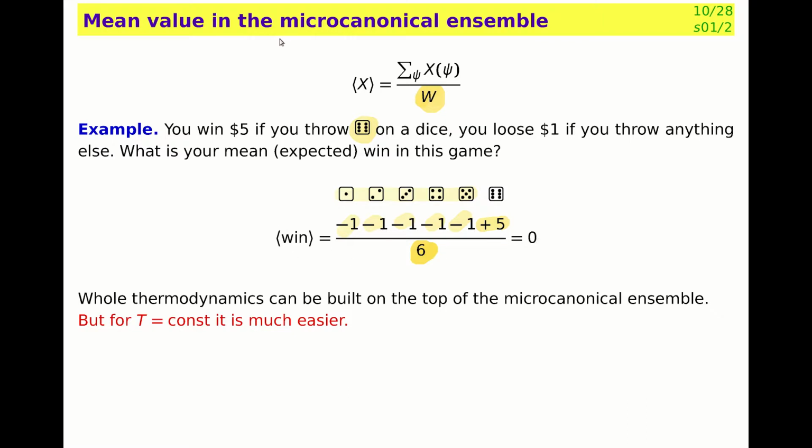Okay, it is possible to work with a microcanonical ensemble, and it works, but it's mathematically quite demanding. It is much easier to work with constant temperature. Actually, you remember from your course of physical chemistry that the same happens in classical thermodynamics. You started with the internal energy, and then you made several steps.